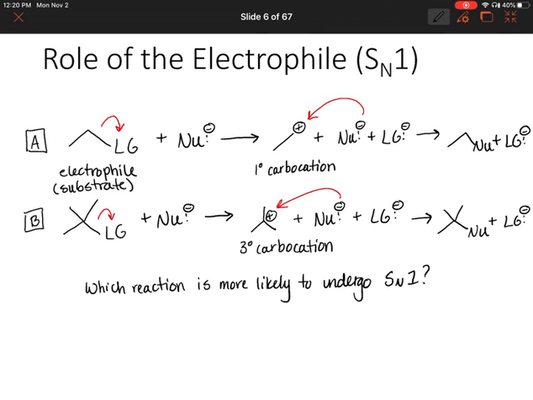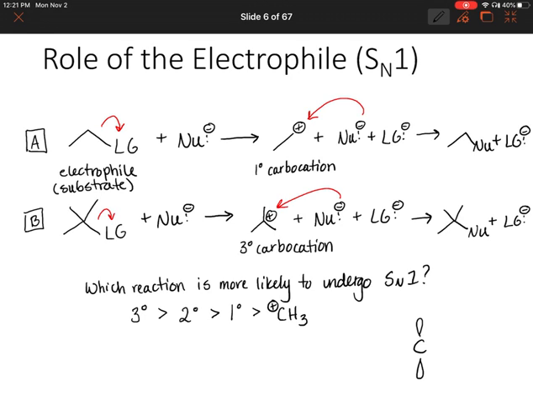So remember, tertiary carbocations are more stable than secondary carbocations, which are more stable than primary carbocations, which are more stable than methyl carbocations. And this is due to a keyword, hyperconjugation. So remember, if you have a carbon with a positive charge, that means it has an empty p orbital.